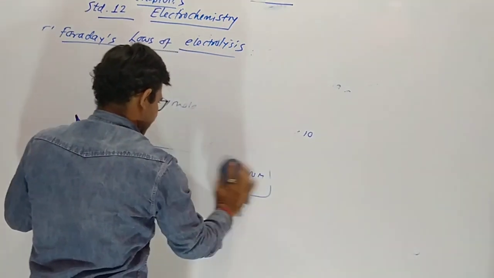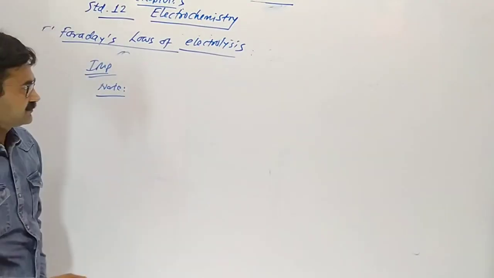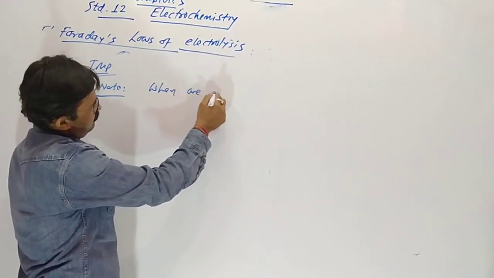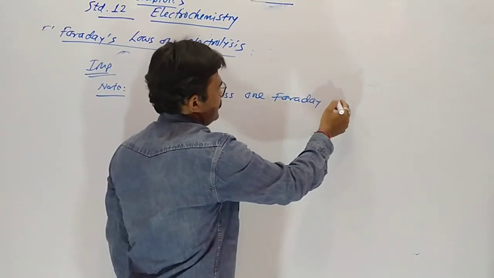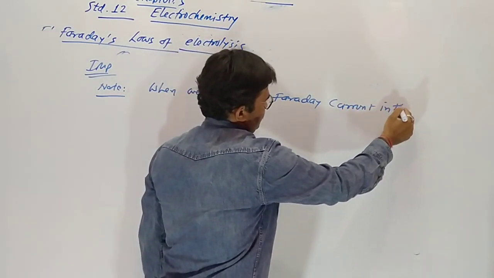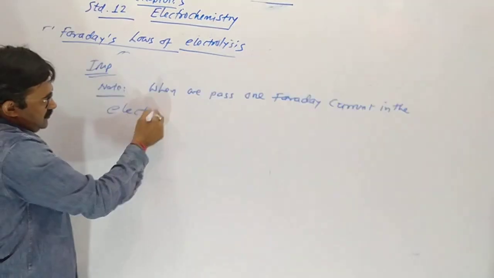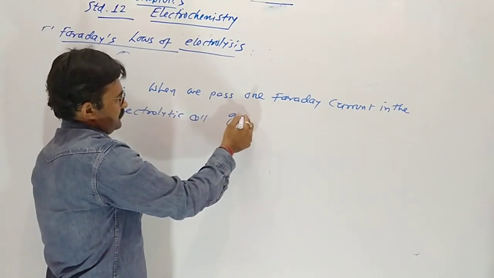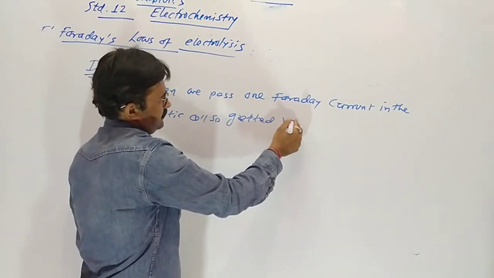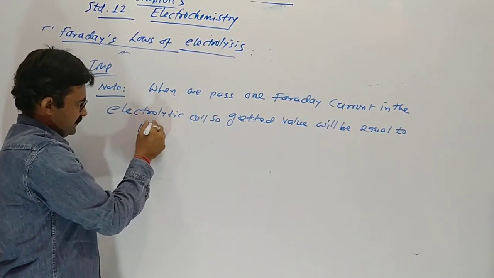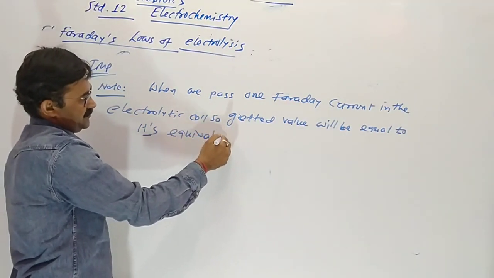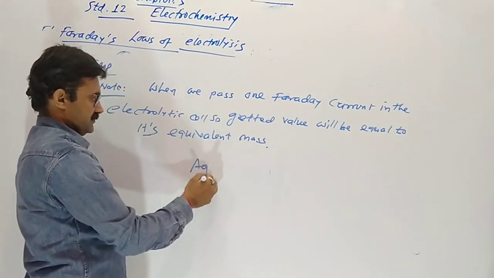When we pass 1 Faraday in the electrolytic cell, the deposited value will be equal to its equivalent mass. I am giving the example.